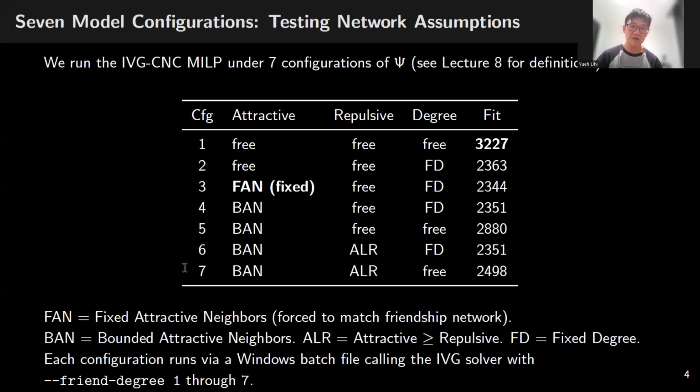Configurations 4 to 7 use what we call the BNN. It's bounded attractive neighbors, meaning that attractive links are constrained to be a subset of the friendship network, not an exact match. So let's say individual I has the friends J1, J2, and J3 in the given data.